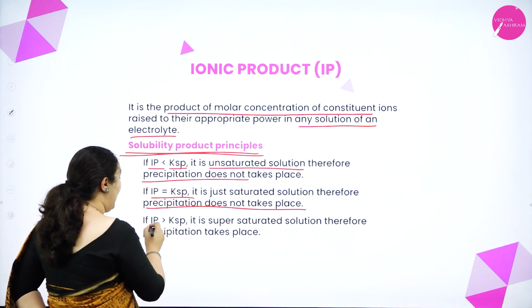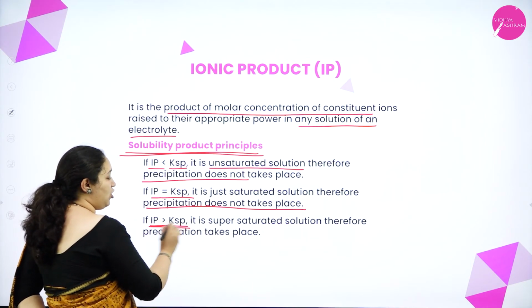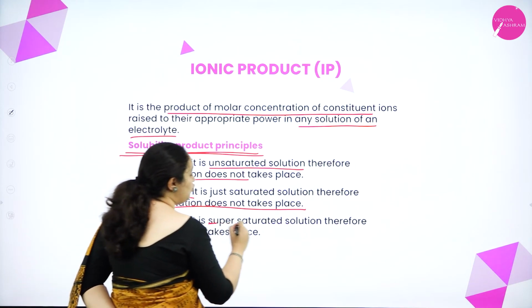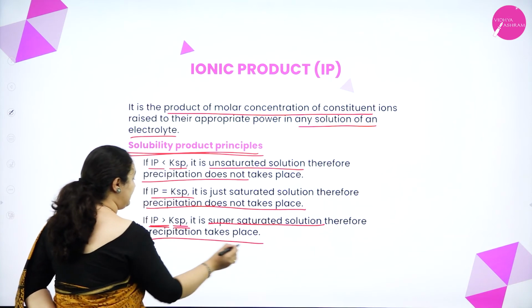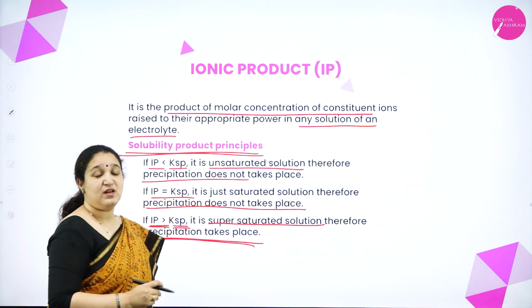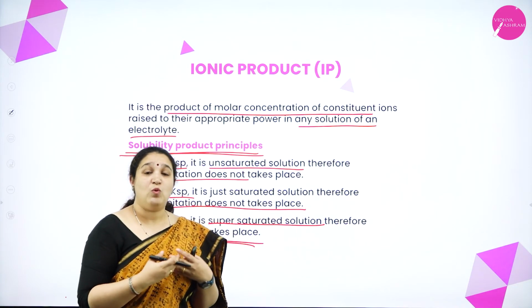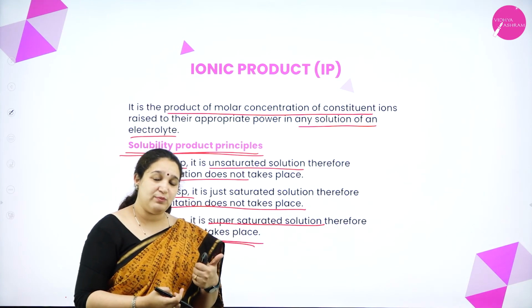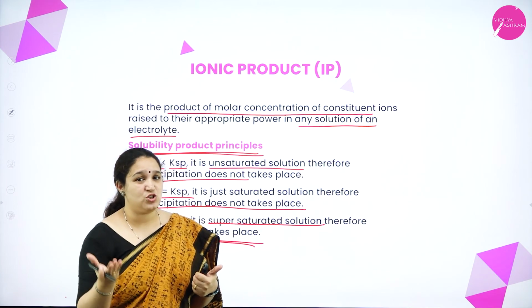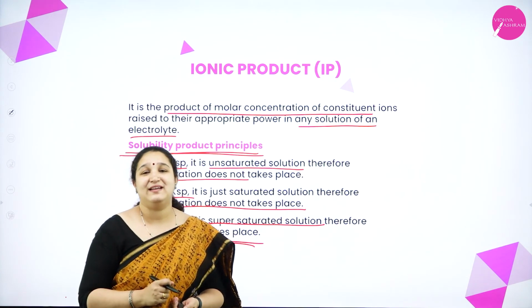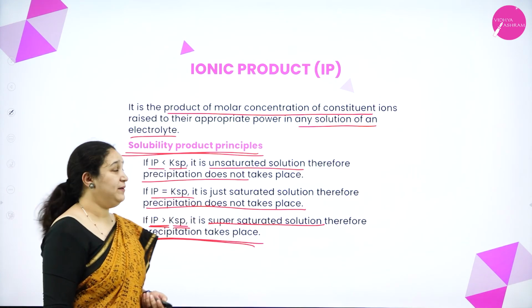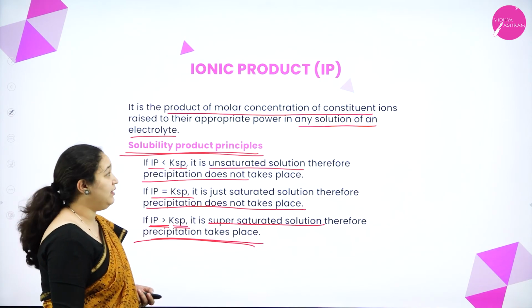Only when ionic product is greater than the solubility product, it becomes a supersaturated solution and precipitation takes place. So for precipitation to take place, what should happen? The ionic product should exceed the solubility product. Only then it is possible. Okay. So that's about the ionic product.